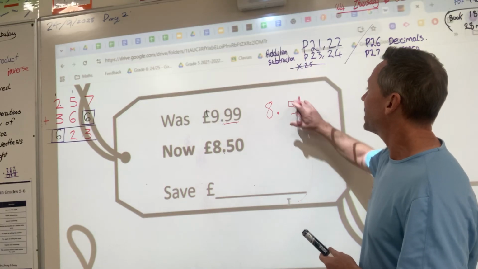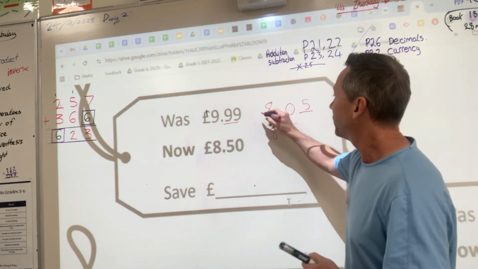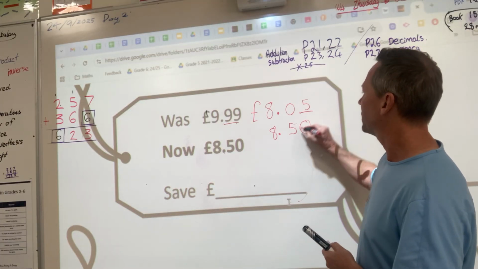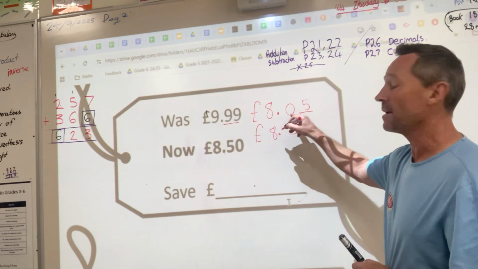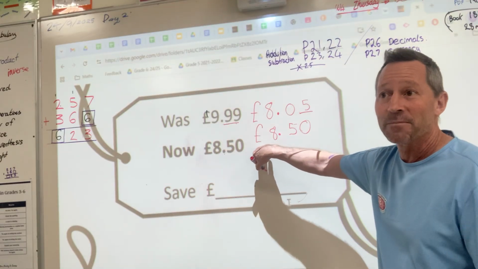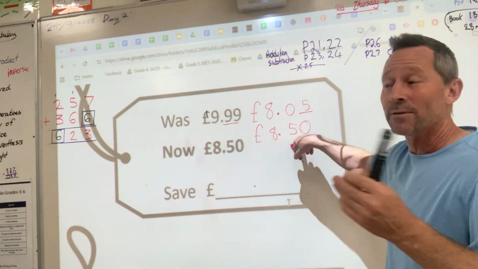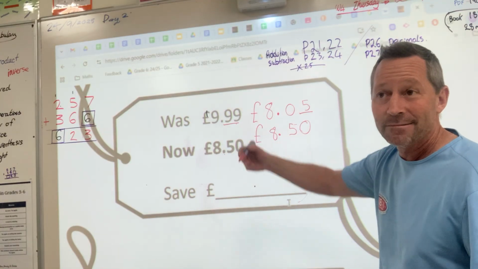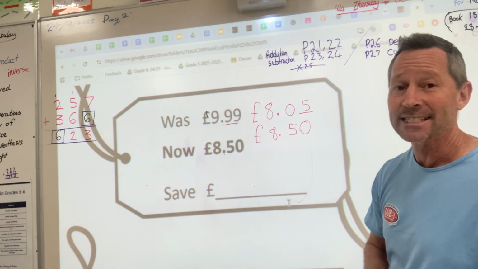So that 5 would have to come over here, and the 0 here, because there's a difference between them, and we need a symbol here. £8 and 50 pence, or 8 dirham and 50 fils, or $8 and 50 cents. This is the same £8 and 5 pence, 8 dirham and 5 fils, or $8 and 5 cents.